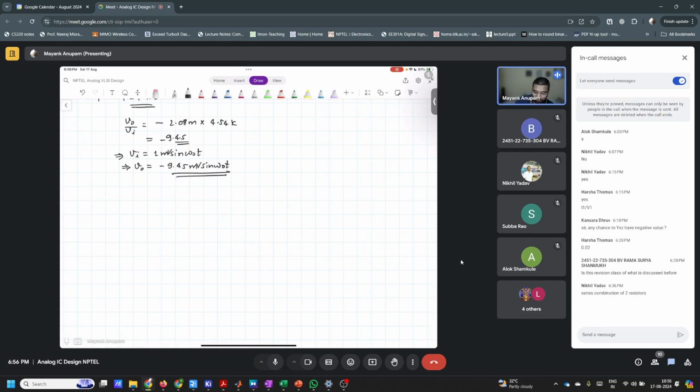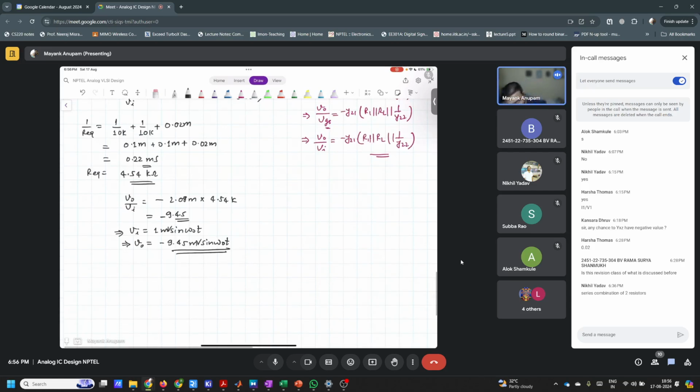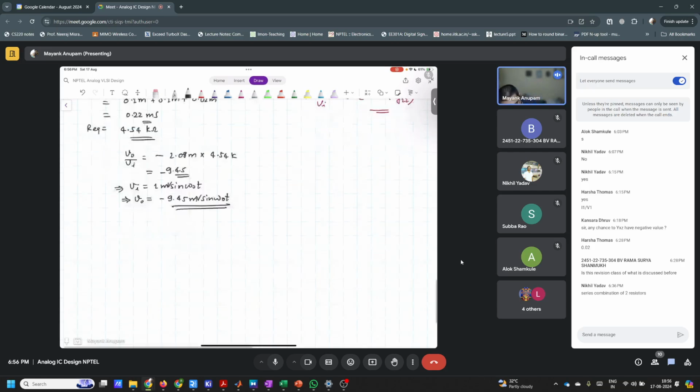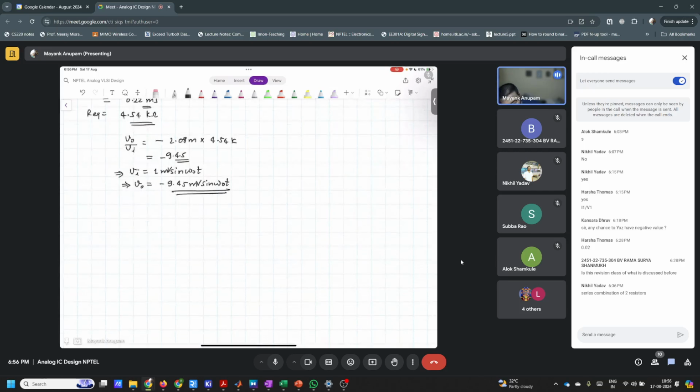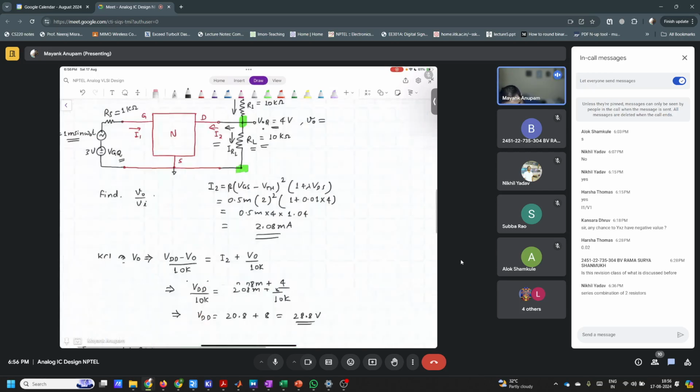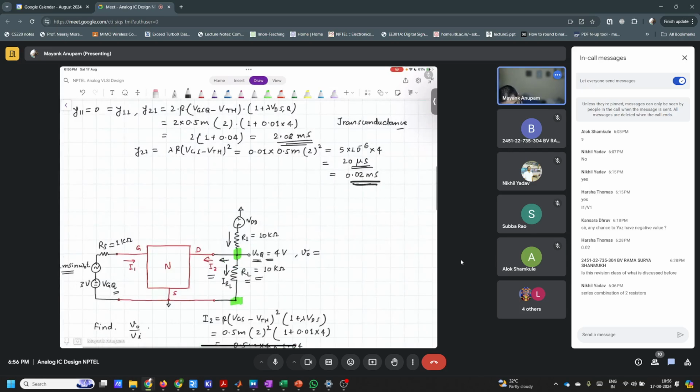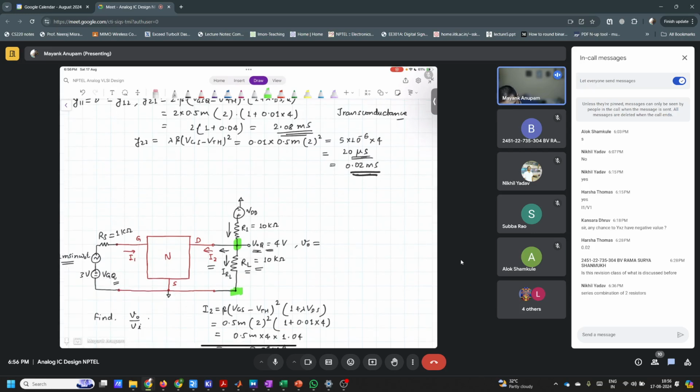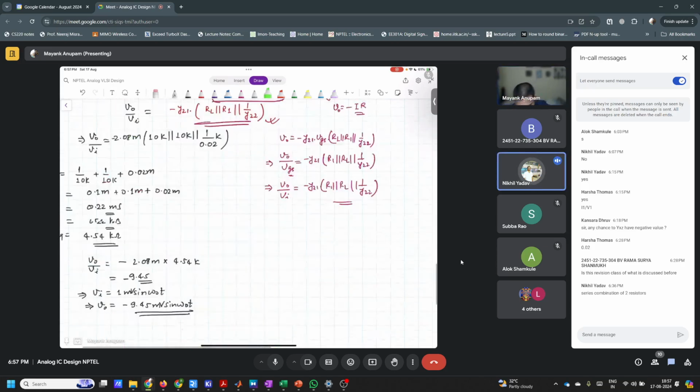Is this understood? So this is the small signal Vo. If someone asks you what is the overall total voltage at the output node, what will you say? Add VOQ plus this. Yes, correct.